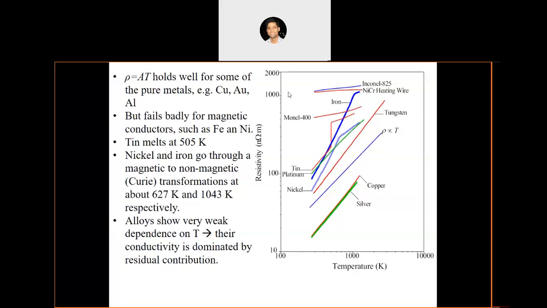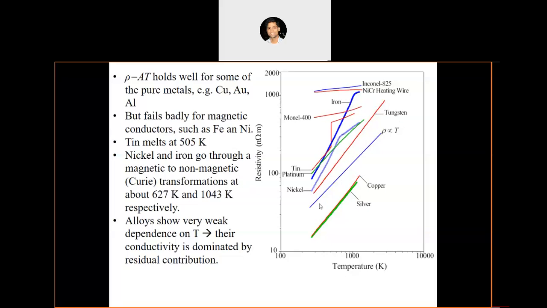So let us look at these straight lines for most of the pure metals. For example, silver, copper, not nickel, but tungsten and tin. These straight lines are parallel to rho proportional to T. That is the relationship which we derived, right?